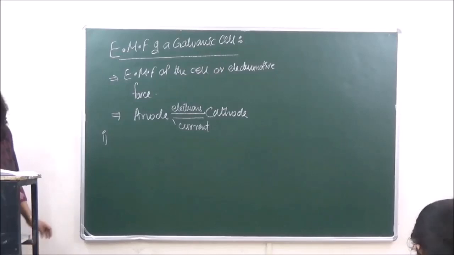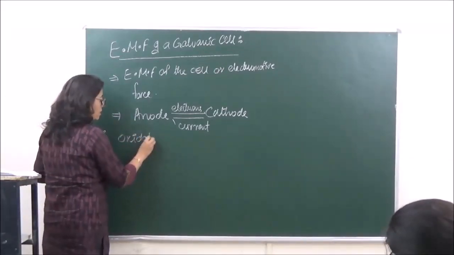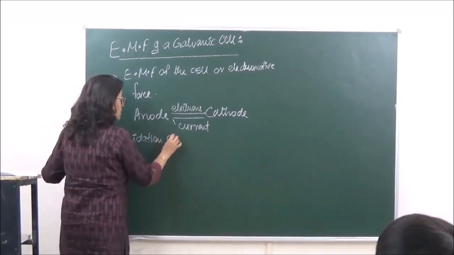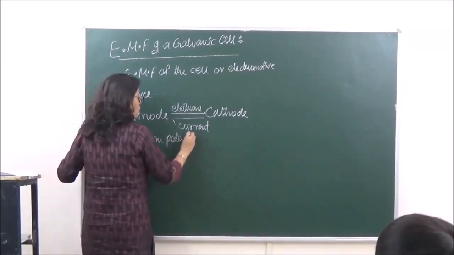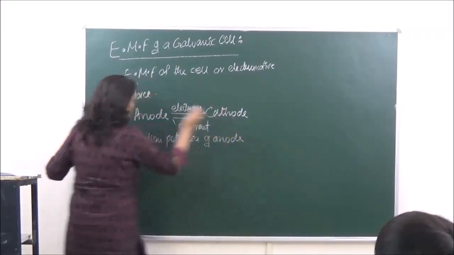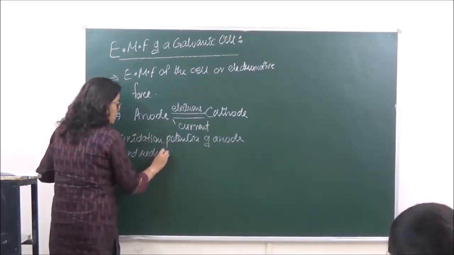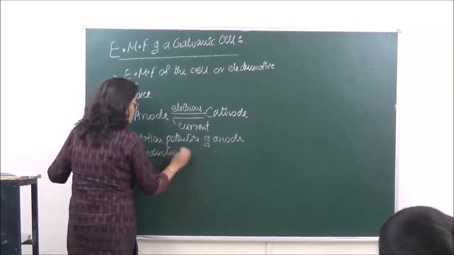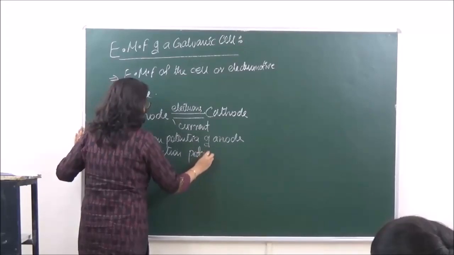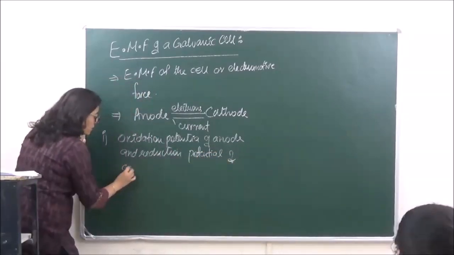In the first method, the oxidation potential of the anode and the reduction potential of the cathode are given.